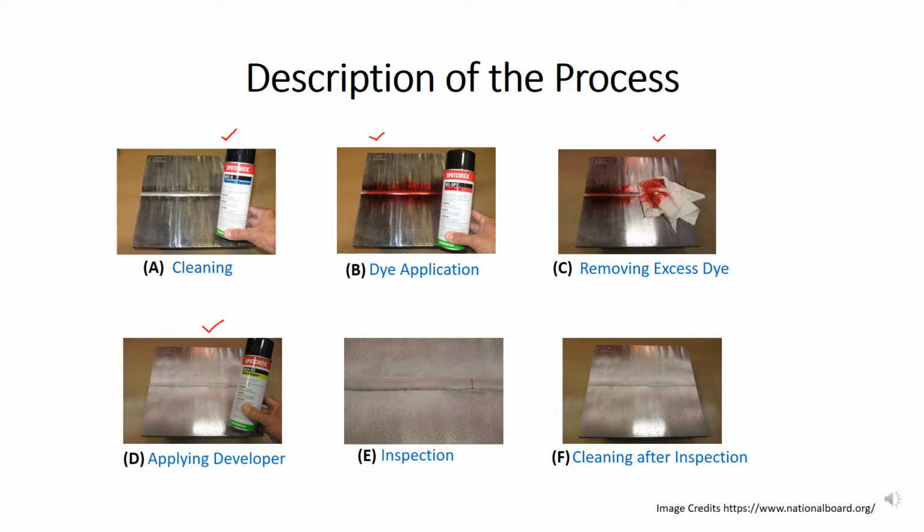You can see here the developer is white in color, so that a good contrast will be created with the red color. After some time, you can see these locations where cracks are there and red color dye is coming out of the surface. So you can locate that there is some flaw at this location, and after the inspection we will also clean the surface. This is the surface after the inspection.